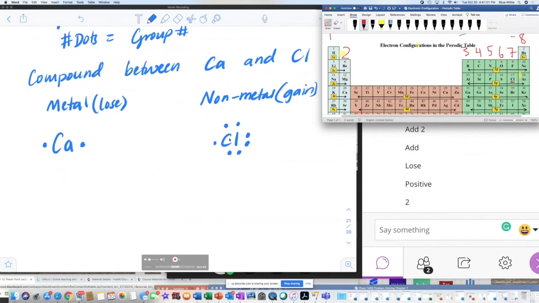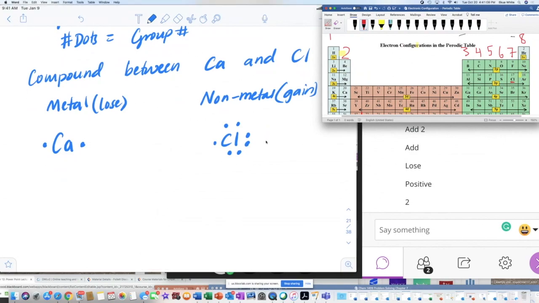How many dots is chlorine away from getting to 8? Even though we haven't discussed the octet rule, the rule of 8 officially, we're still displaying it over and over again. Chlorine is trying to make sure the outer energy layer has 8 electrons. Right now it has 7. So what must chlorine do to get to 8?